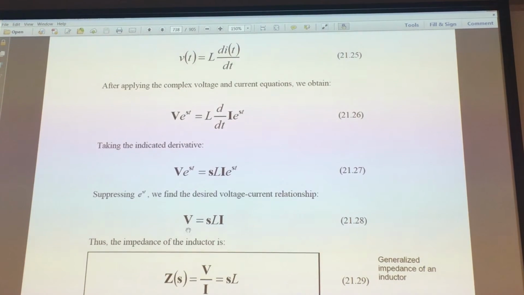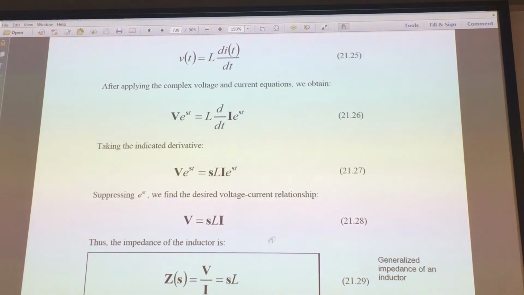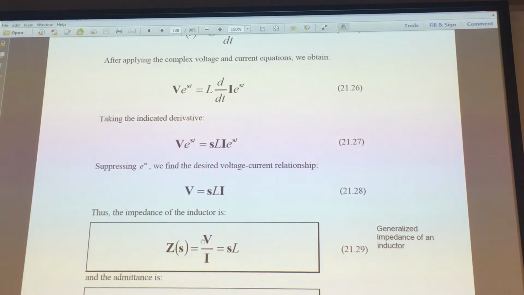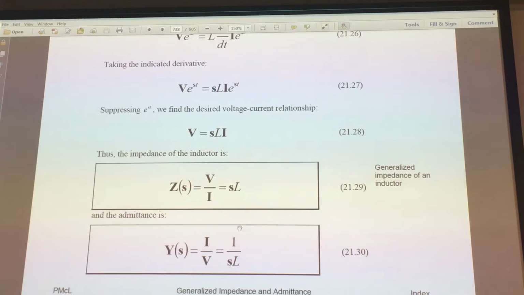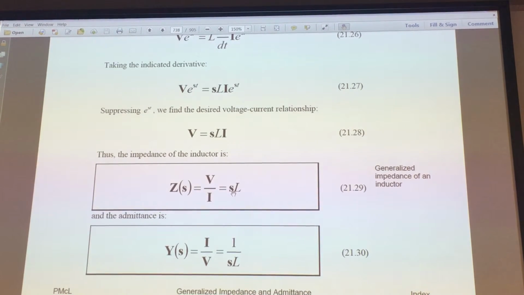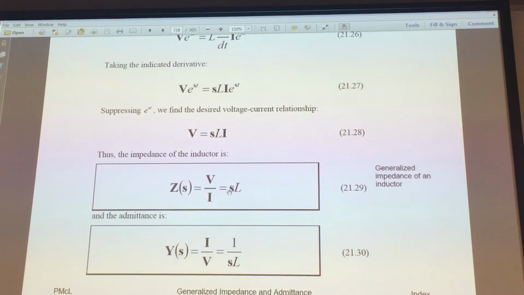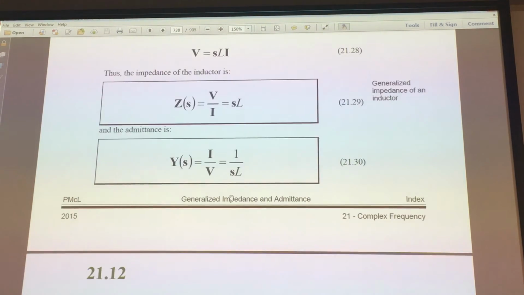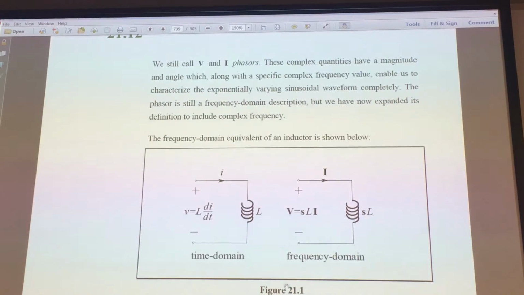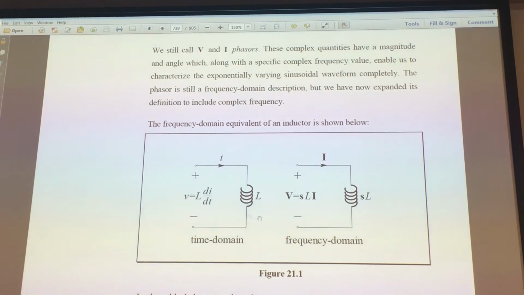We have V equals sL times I. So V is voltage, I is current, so sL must have units of resistance, which we call impedance here. We've seen that already, except that now s may not be just j omega, not purely imaginary, but it may be a complex number. And the same thing will happen, of course. So this is just a description in time domain and frequency domain.